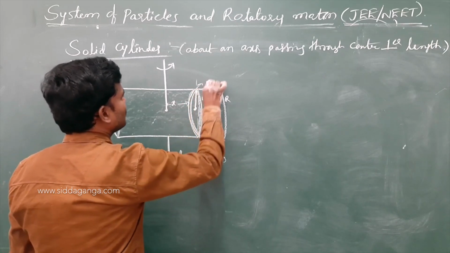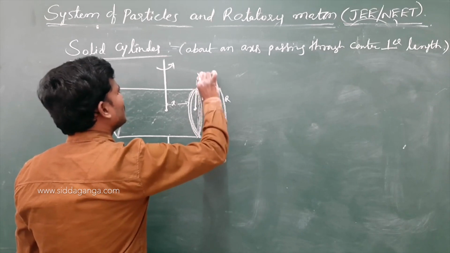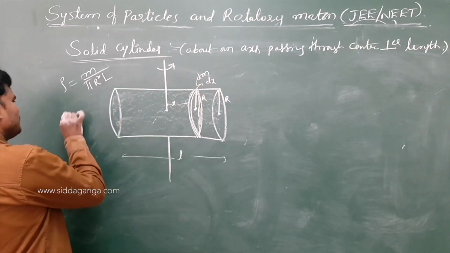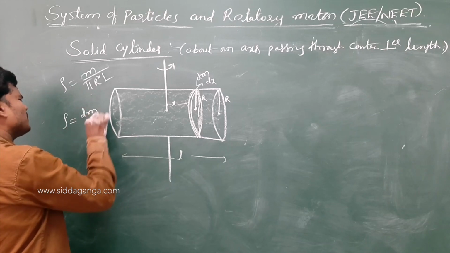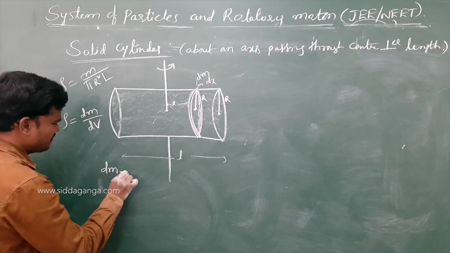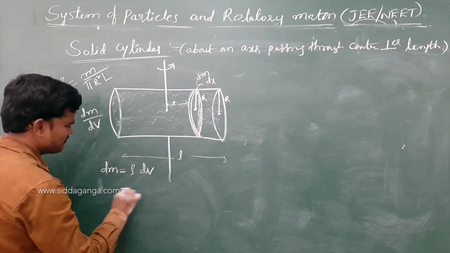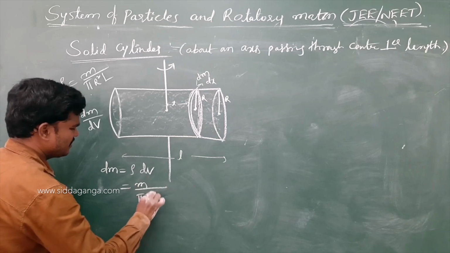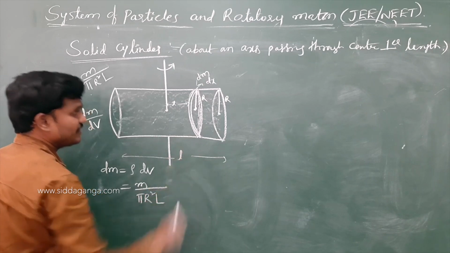Take a small part of thickness dx, with small mass dm. So dm is equal to rho dv, rho is m by pi r square L, times dv.